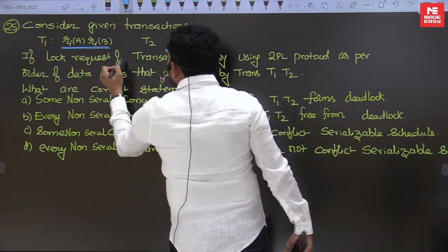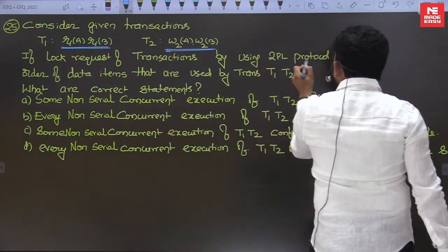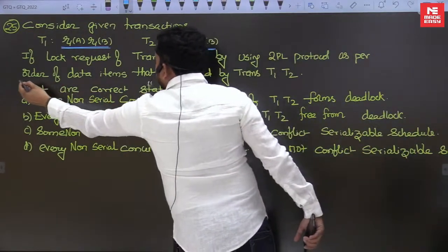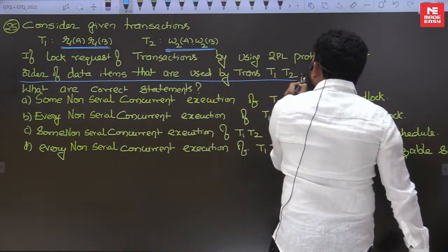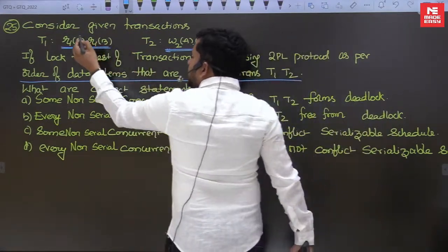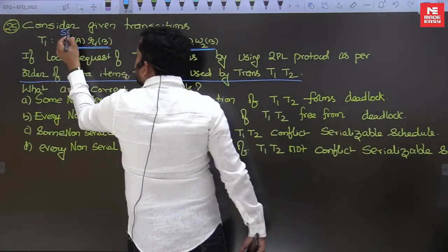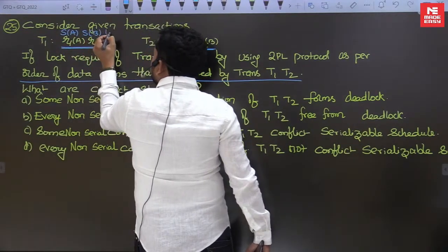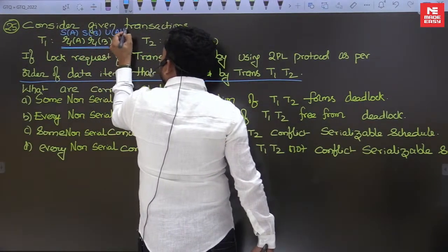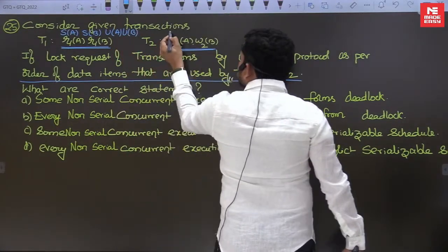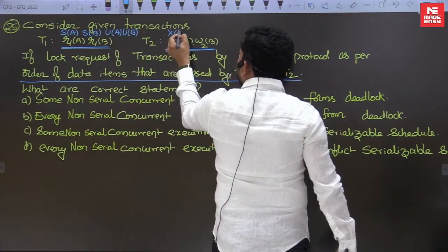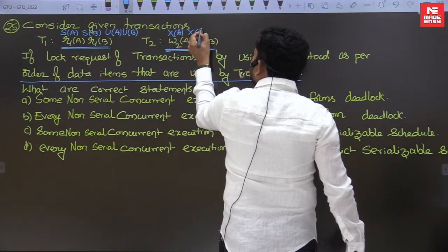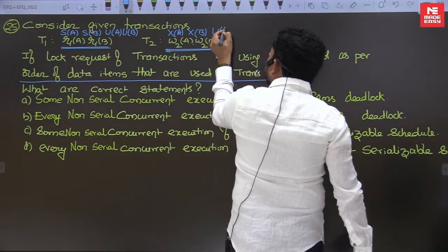Lock requests of the transactions use 2PL as per the order of data items used by the transactions. So the same data: shared lock of A and shared lock of B, then unlock of A and unlock of B. And the second transaction: exclusive lock of A and then exclusive lock of B, and unlock of A and unlock of B.